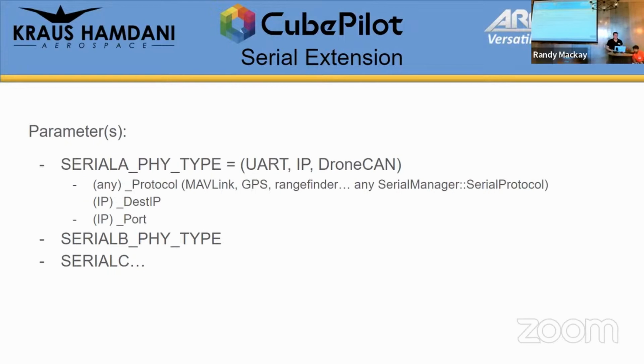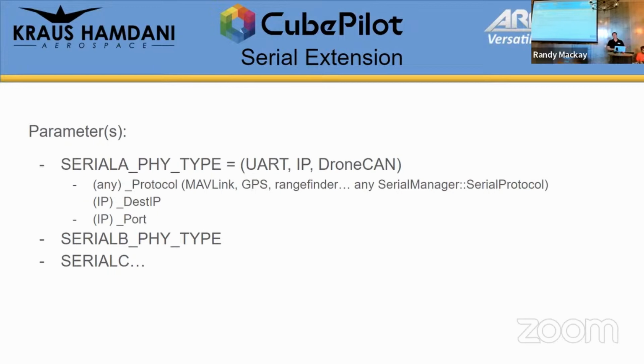So in short, it basically allows a virtual serial port that you can connect any protocol to, over IP or CAN. Over your IP link, which you can configure as TCP client or server, UDP client or server, you can just talk to it as if it's a GPS, or a rangefinder, or some Mavlink.